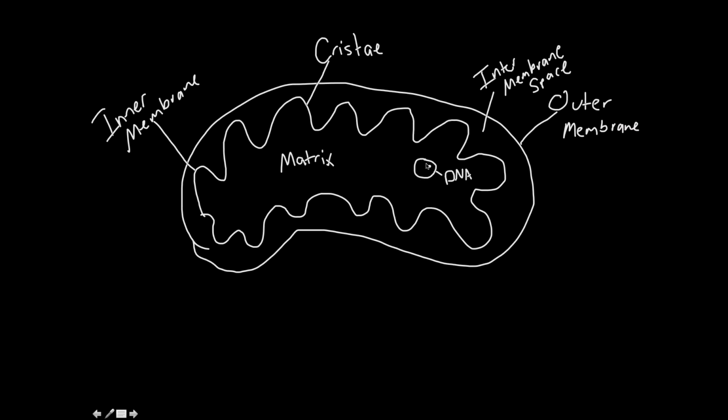And that's why they have circular DNA, like prokaryotes have circular DNA. And also you'll find ribosomes in the matrix too. So a whole bunch of ribosomes here as well. So this is our basics for the mitochondria and its structure, how it's built.